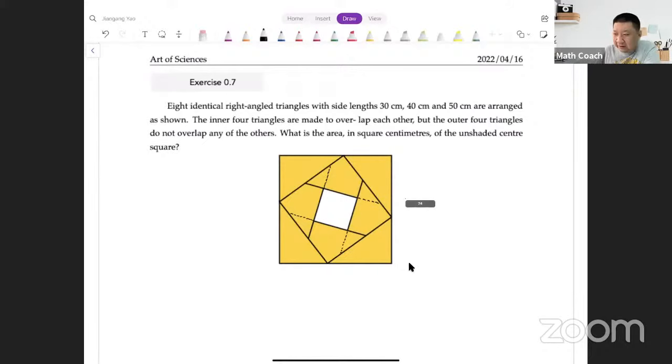So how to solve this? This is actually not so difficult because we have all the things in mind. Here they have 30, 40, 50, right? These are the three numbers, 30, 40, 50. The good thing is that they are right triangles, because we have 3, 4, 5.